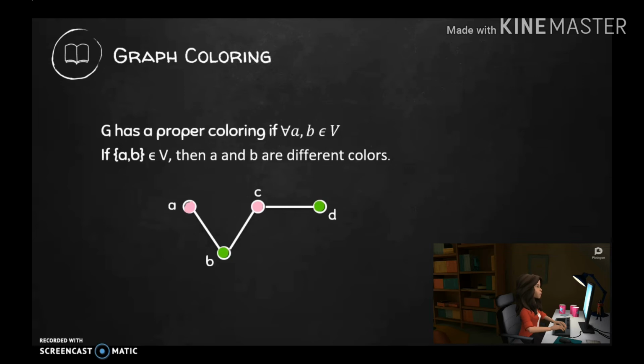But normally, what we want in graph theory is to find the minimal number of colors we can use to color a graph.